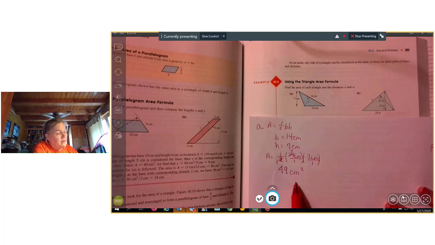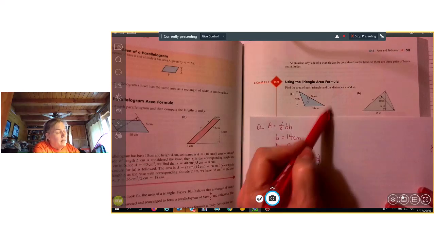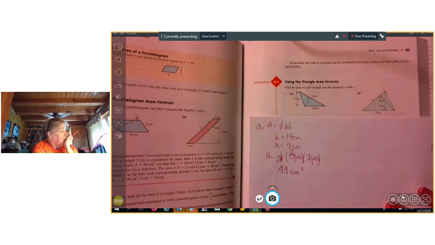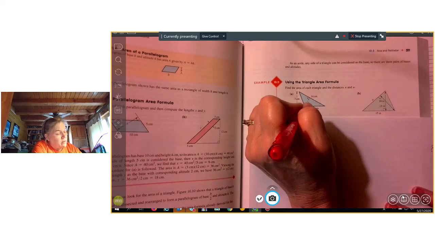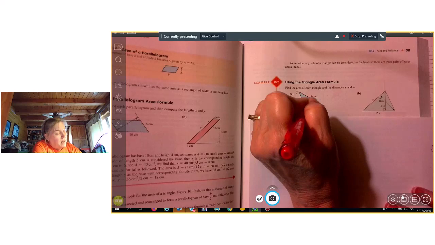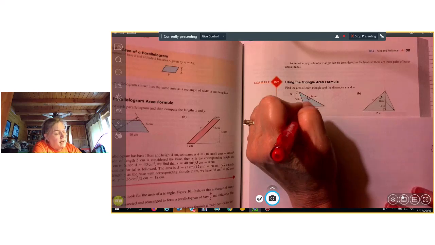Now, that's the area for this whole thing. Let's look at the area for V. When I drop this perpendicular down from the top, it's going to cut this in half.